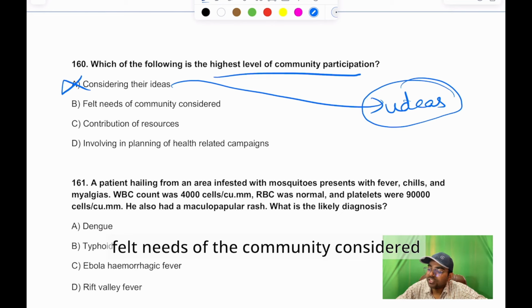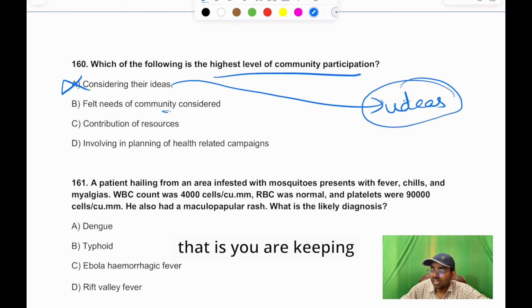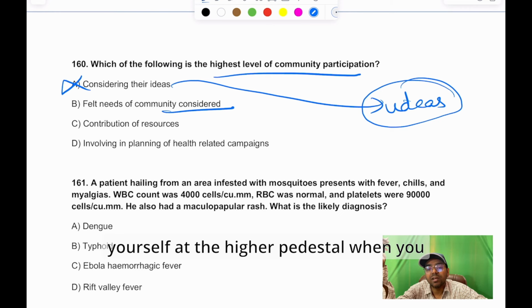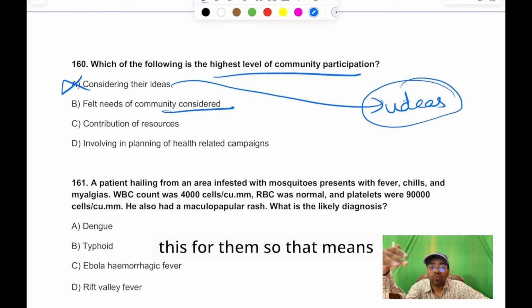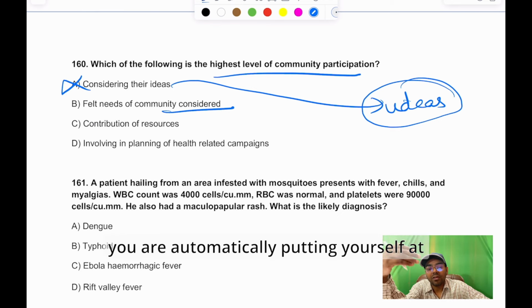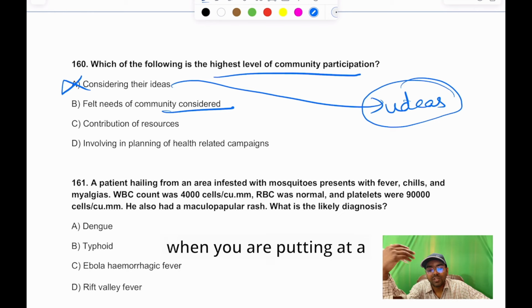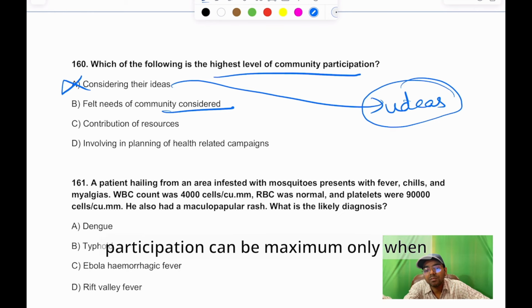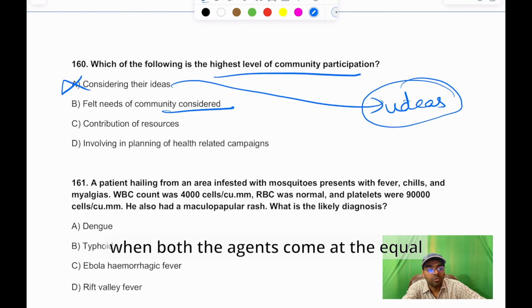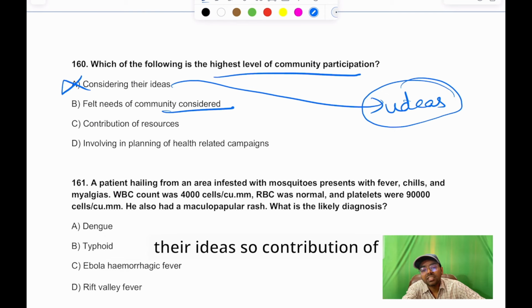Felt needs of the community considered, that is, you are keeping yourself at the higher pedestal. When you say that you are going to do this for them, you are automatically putting yourself at a higher pedestal. And when you are putting yourself at the highest pedestal, how can participation be maximum? It can be maximum only when both the agents come at an equal level and they exchange their ideas.